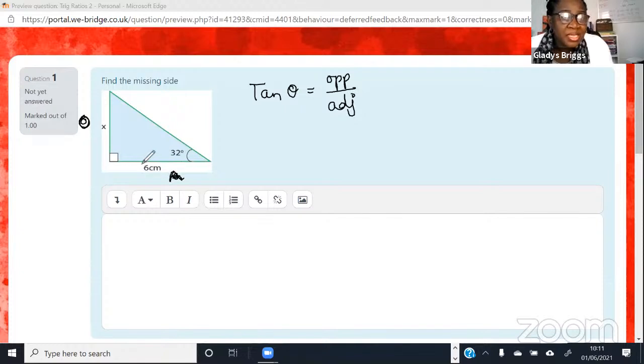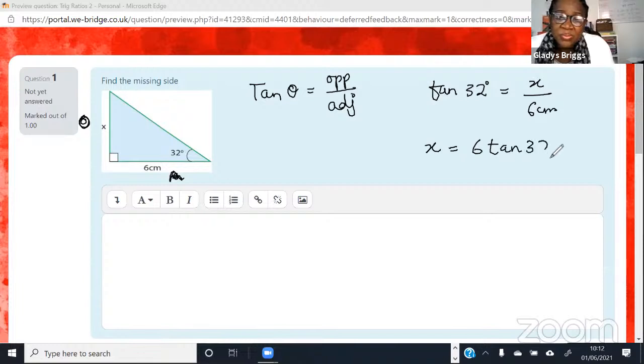Our opposite is x, so tan 32 is equal to opposite, which is x, over adjacent, which is 6 centimeters. And what we're looking for is x, so we can then cross multiply to get rid of the fraction. We can just say x is equal to 6 times tan 32, yeah? And you put that into your calculator.